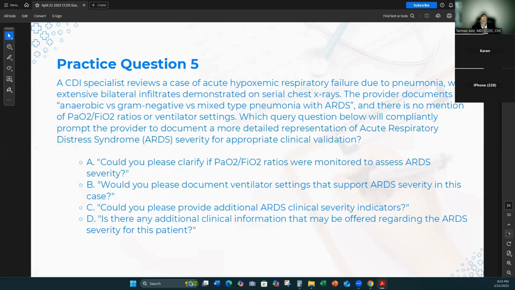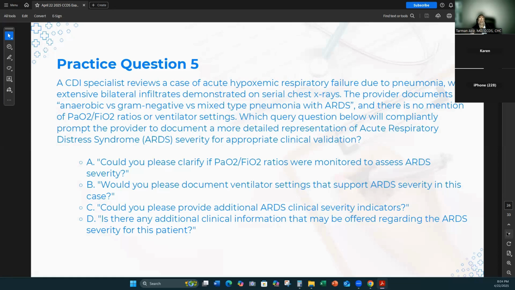So could you please clarify if PF ratios are monitored to assess the ARDS severity? That's a clinical management question. You're not going to ask it. Or would you please document the vent settings that support ARDS severity? You're questioning if the ventilator settings would match the assessment, so that doesn't work either.